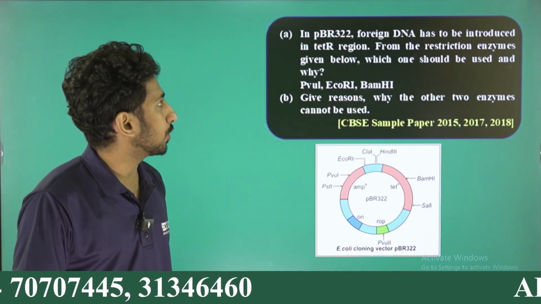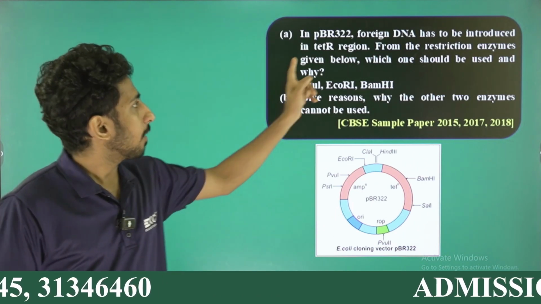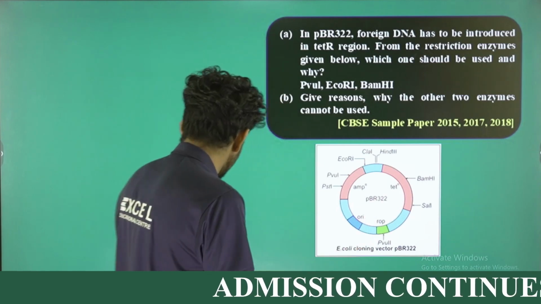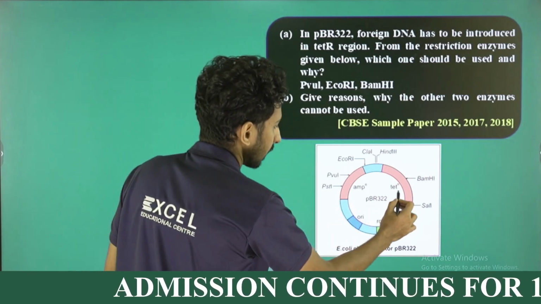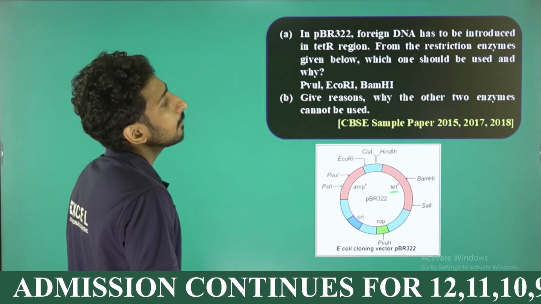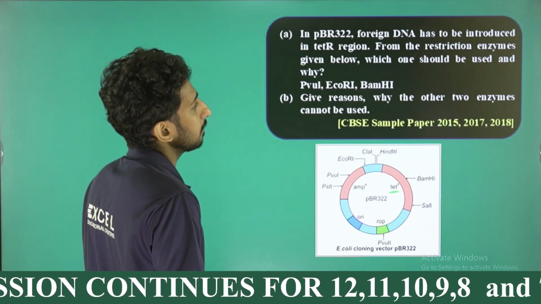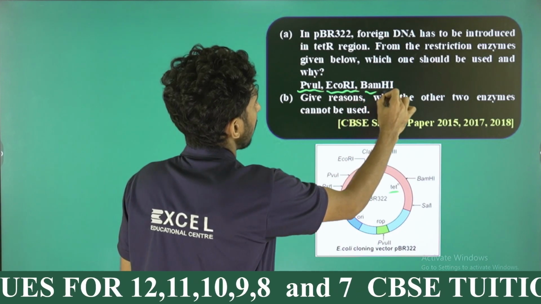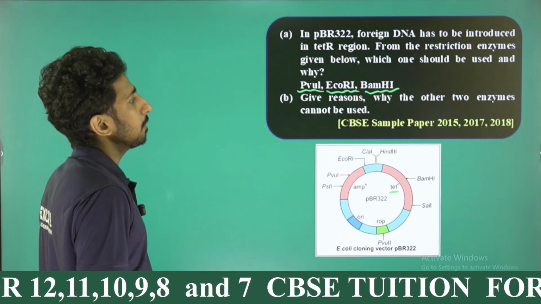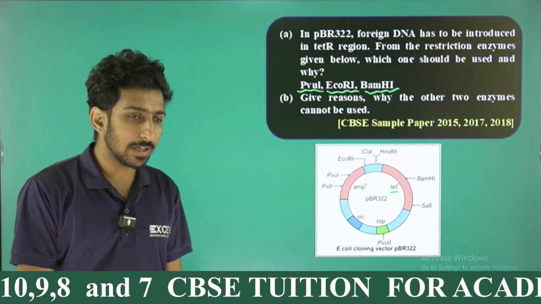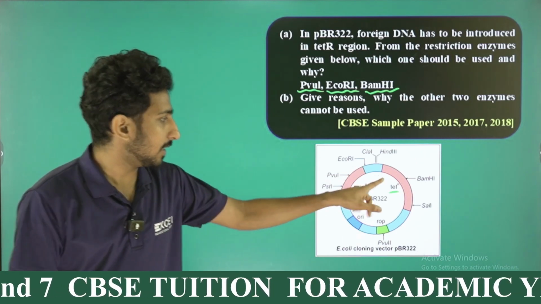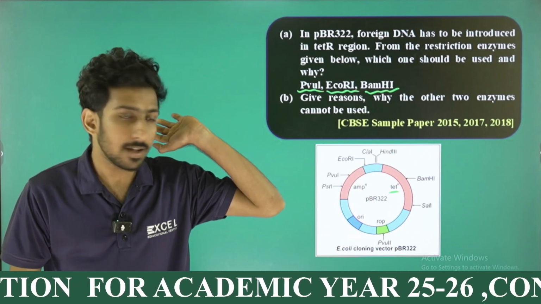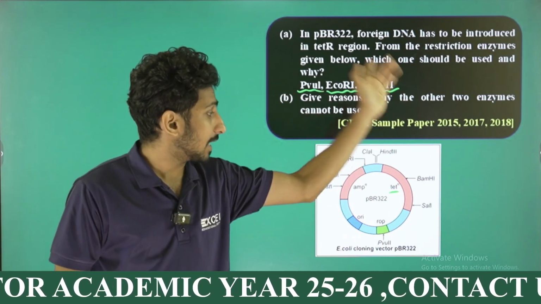In pBR322, this is pBR322, foreign DNA has to be introduced in the TET-R region. This is the TET-R region. From the restriction enzymes given below, PvuI, EcoRI, BamHI, which one should be used and why? If we want to introduce a foreign gene in the TET-R antibiotic resistance gene, which restriction enzyme should we use?